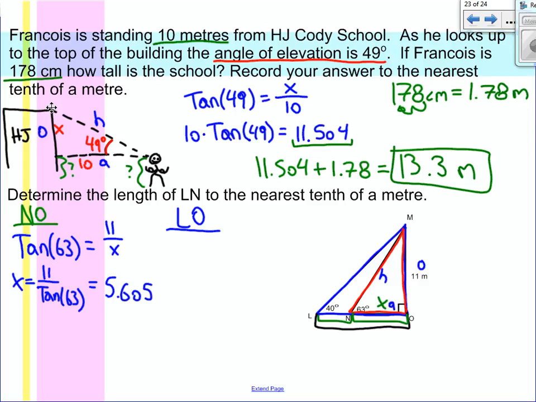So O is still over here, your opposite is 11, your adjacent is on the bottom, there's your hypotenuse. Again, you're using tangent, but this time it's of 40 degrees, and it's equal to opposite 11 divided by adjacent, which we don't know, so we're going to call it x. They have to switch sides.